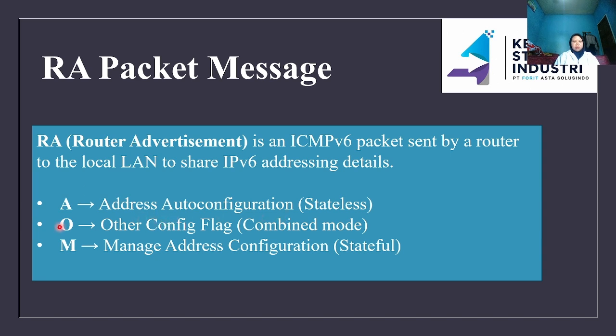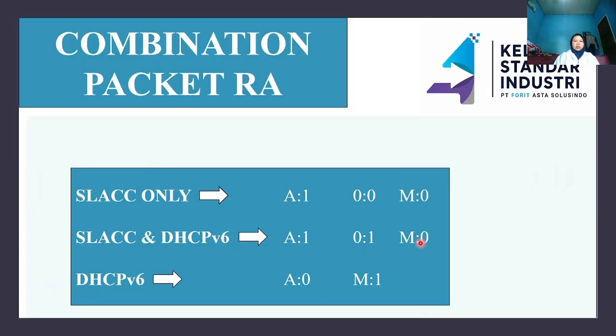The second one is O, which stands for other configuration flag. The last one is M, which stands for managed address configuration. The A flag represents the stateless method, the O flag represents the combination method, and the M flag represents the stateful method.